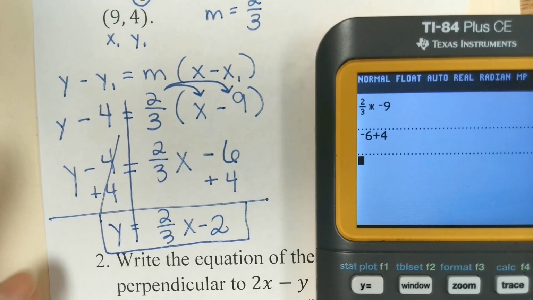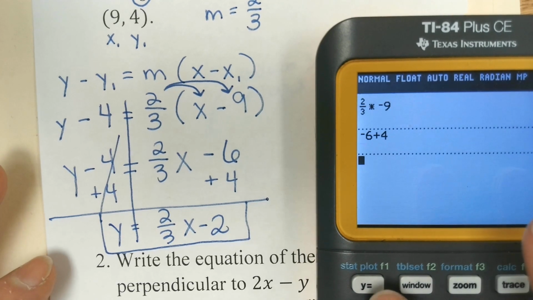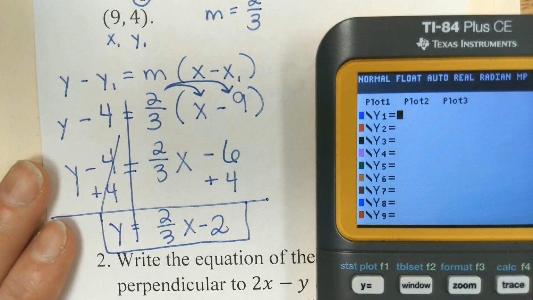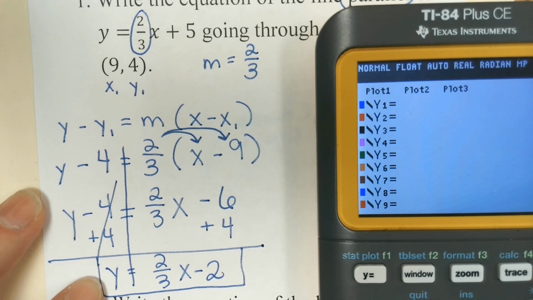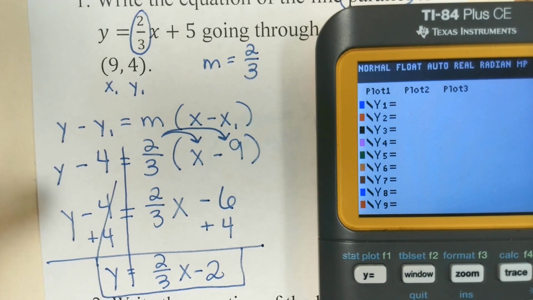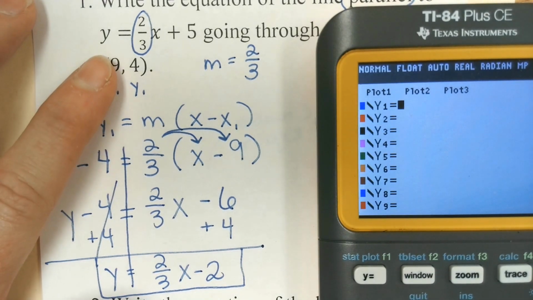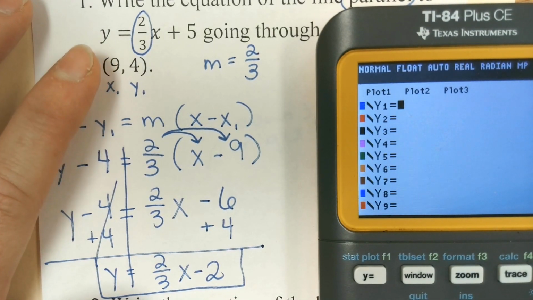I do want to check these. So let's go to y equals, and let's graph our original, and then we're going to graph our new, and just make sure they are parallel. So everybody go to y equals. If you don't have a calculator, go grab it now.